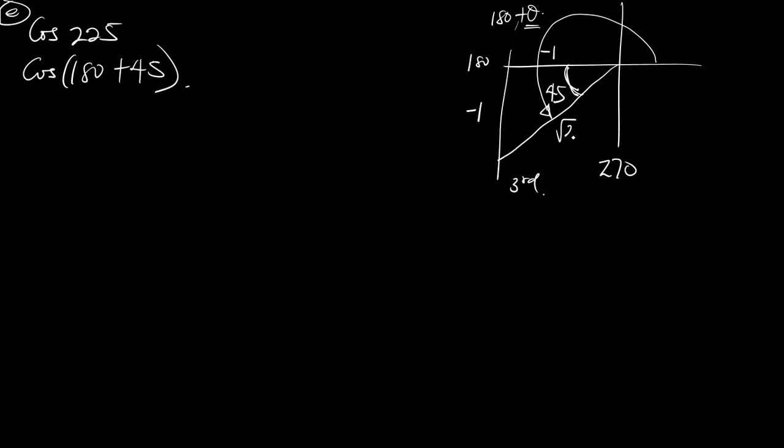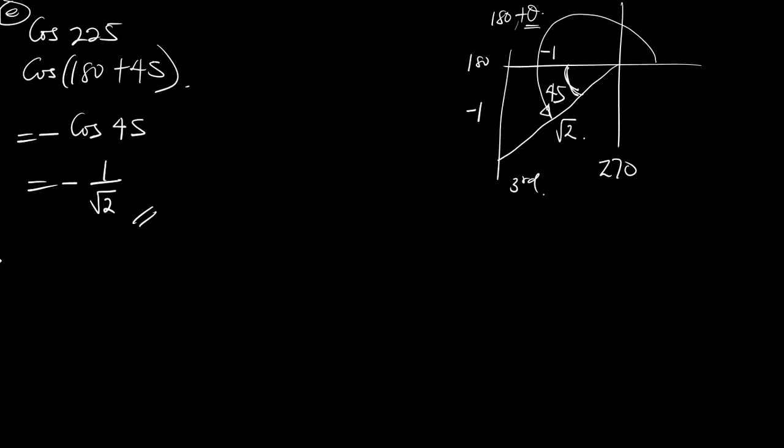Here is root 2. So now cos of 180 plus 45. Cos is negative here. So you have minus cos 45. And cos is equal to adjacent all over hypotenuse, which is 1 all over root 2. So this is the final answer for that.